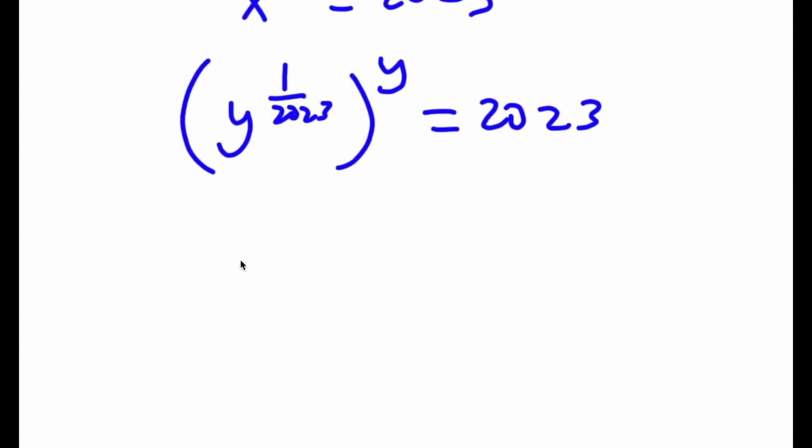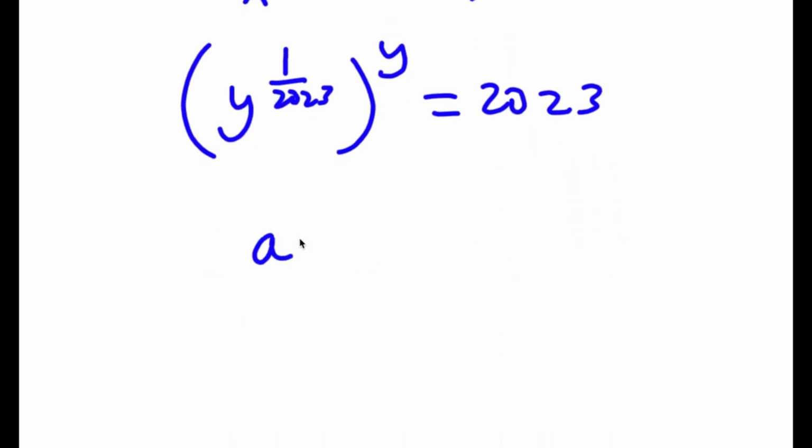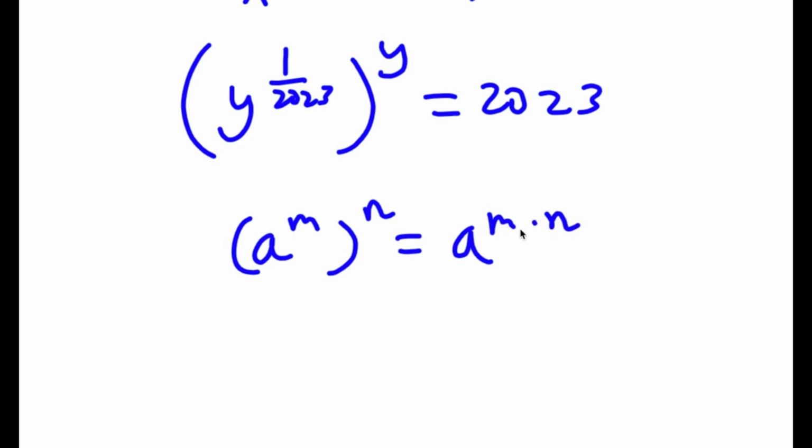Now, if I have something in the form a to the power of m to the power of n, this is equal to a to the power of m times n, right? And a to the power of m times n, these two are interchangeable, meaning this would also equal a to the power of n times m, because for multiplication, order doesn't matter.